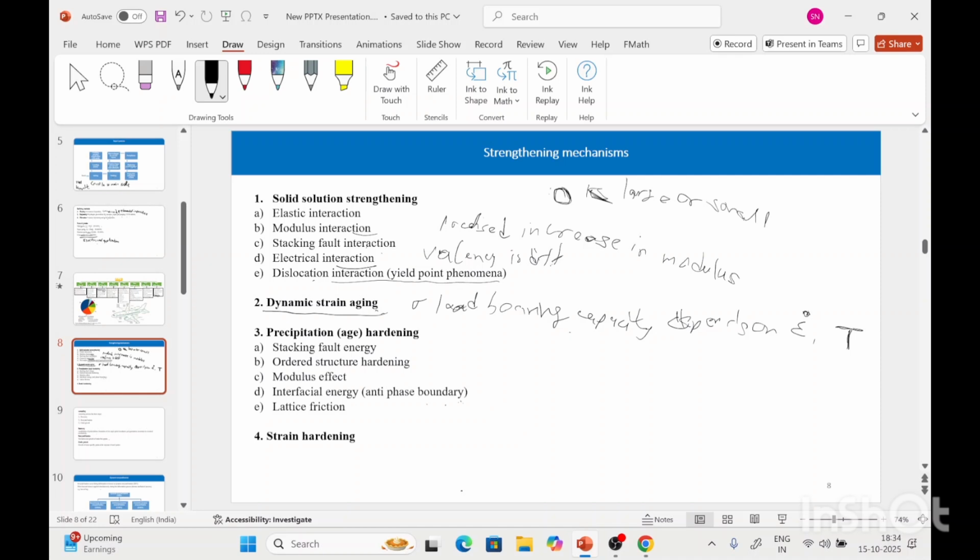That decreases the stress strain behavior of the material at higher strain rate, so with increasing strain rate, the stress is decreasing. This is called the negative strain rate sensitivity.